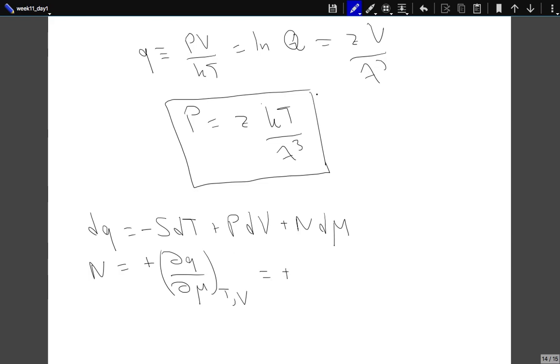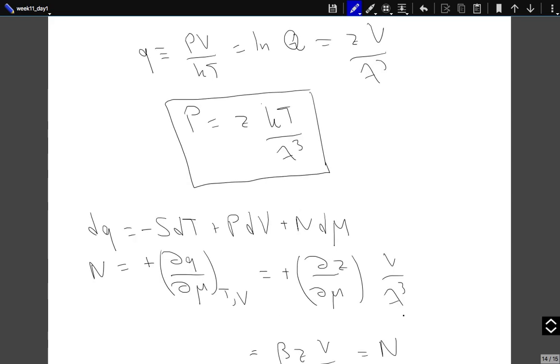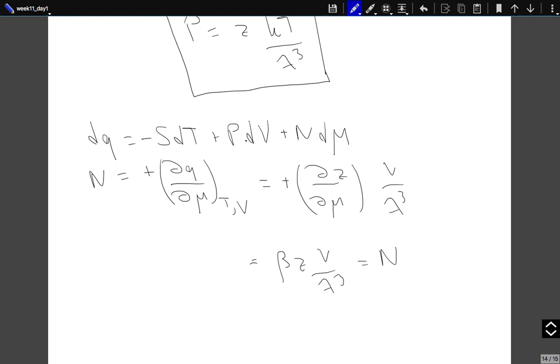So this is plus. Q is just the derivative with respect to mu of z times V over lambda cubed. The derivative of z with respect to mu is just beta z, because keep in mind that z is e to the power beta mu. So if I take the derivative with respect to mu, it just brings a factor beta.